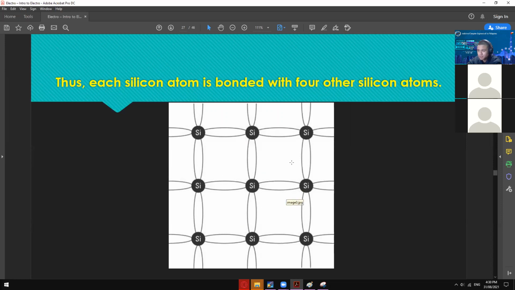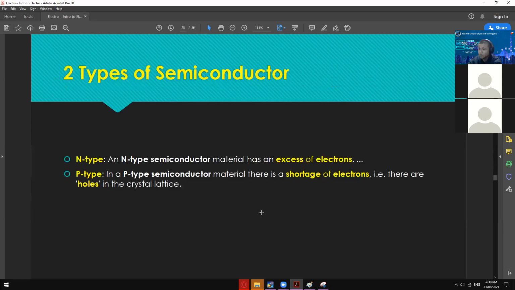If it's pure silicon, you're forming a pure, perfect semiconductor. Since all are four, as you can see, this is pure silicon.